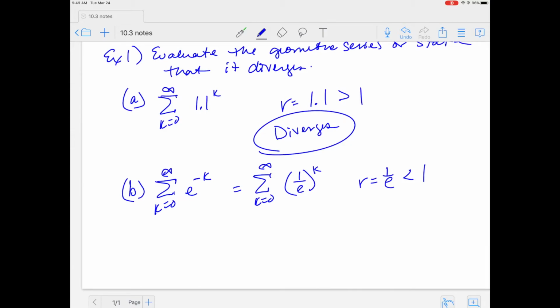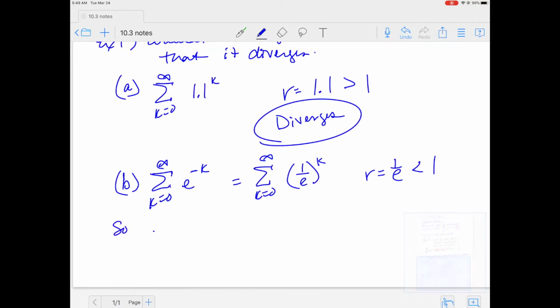Then my value here is going to be A over 1 minus r. And if there is nothing in front of this 1 over e, what is your A? Big fat 1, right? So if I now have this, I know that my A value here is going to be a 1.